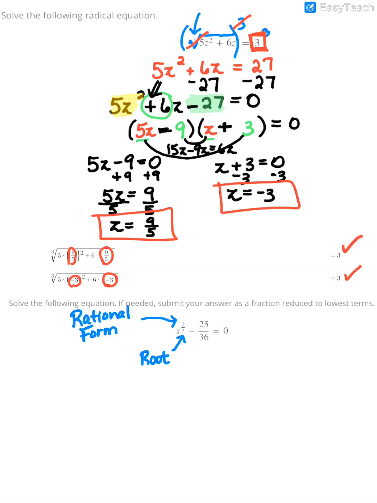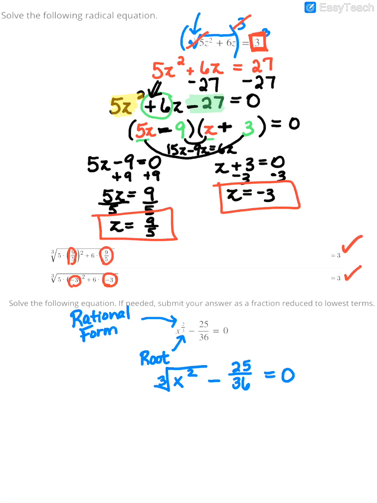Now, we talked earlier that you want to get the radical by itself, so you can do one of two things. First of all, if you want, you could rewrite this as the cube root of x squared. Since there's a 3 on bottom, that means it's a cube root. And then it has minus the 25 over 36, and that is equal to 0.